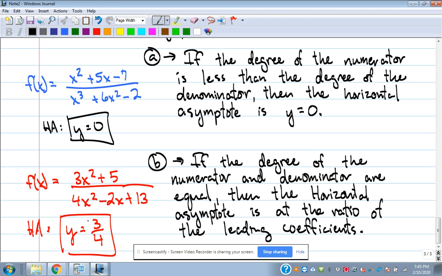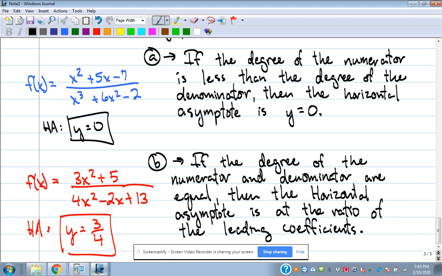Those are the two scenarios for horizontal asymptotes. That's the only time horizontal asymptotes occur, is when it's those two rules. Okay. Vertical asymptotes, we're usually going to have those.